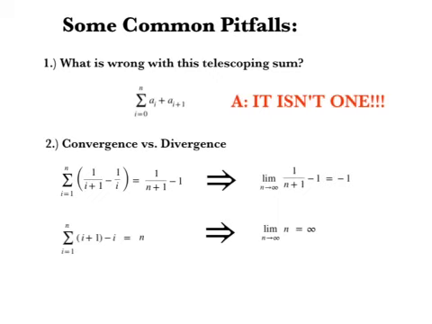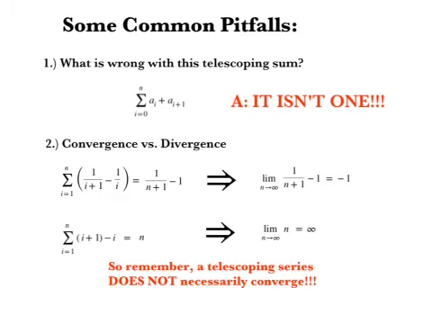It's not finite. So it's important to understand that just because a telescoping series has a finite number of terms and can be written in a finite way, that does not mean that the sum in total is finite. And I think that's key for people to remember.